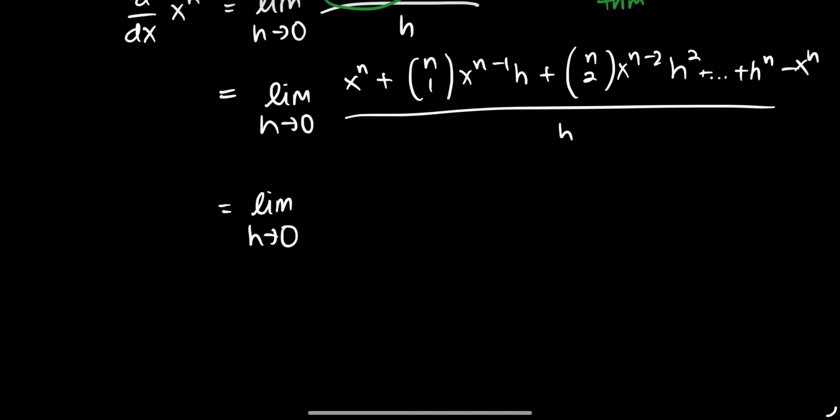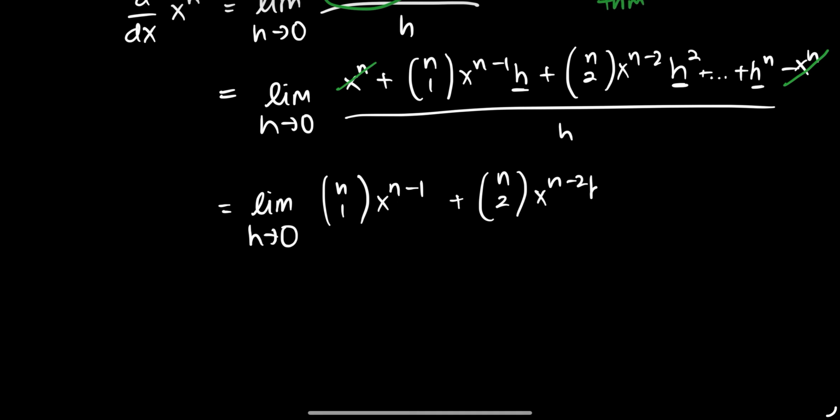You notice that the x to the n cancels out, right? Okay, good. So what do you notice? There's an h here, there's an h here. You can legitimately just cancel out the h, right? So it just becomes the limit of n choose 1 times x to the n minus 1 plus n choose 2 times x to the n minus 2 times h, and so on, plus h to the n minus 1, right?